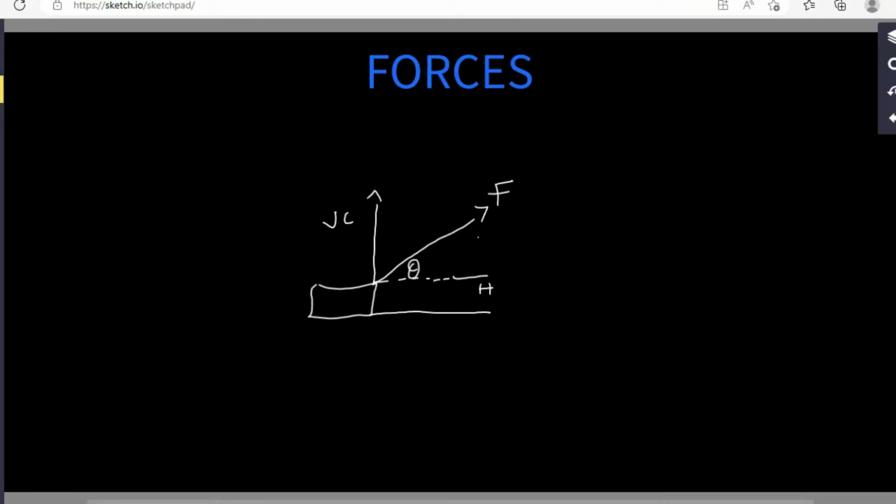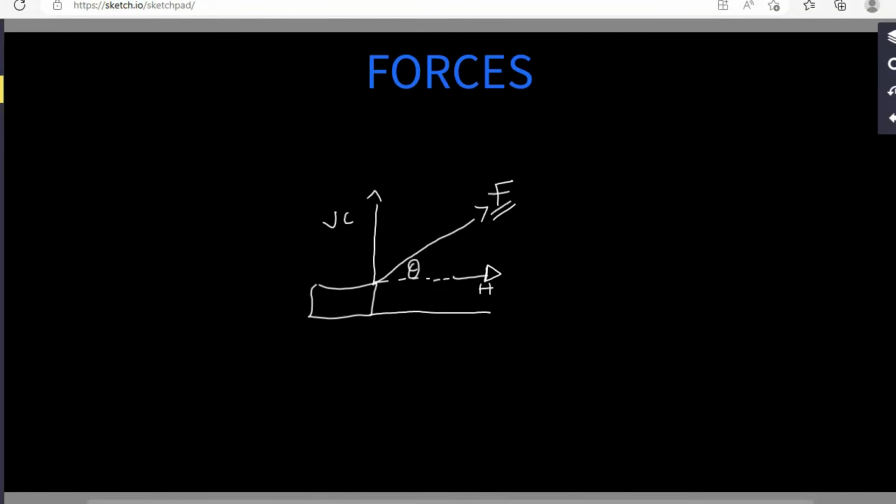So because we want to know the vertical impact and the horizontal impact, we cannot use this force as it is. We have to get the two original forces that caused the resultant force. That is why we go to the extent of finding the components, which are the vertical and the horizontal component.